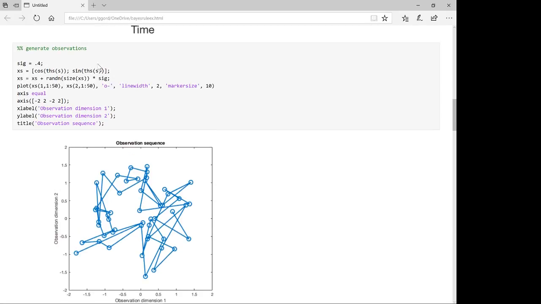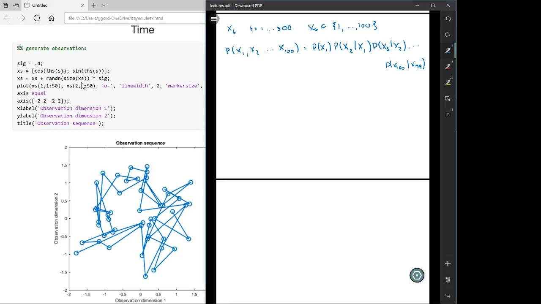You can notice up here that when we generate the observation, the observation at time t depends on xt only. So let's write that down because it's going to be important.